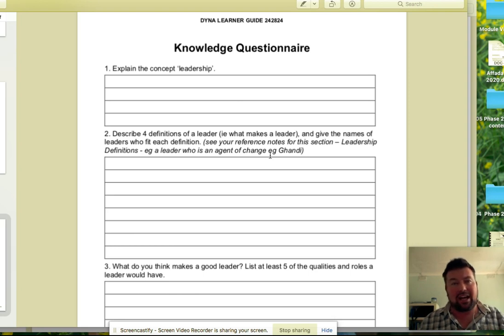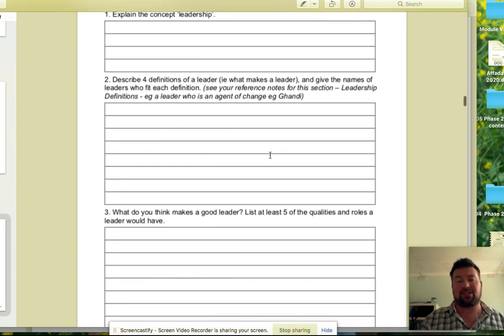Bureaucratic leadership. What kind of people do bureaucratic leadership? Transactional leadership. Who are people that embody transactional leadership? Transformational leadership. Who are people who do that? Visionary leadership. So you choose four definitions of a leader, and you tell me who would embody that, or what kind of position would embody that specific leadership definition.